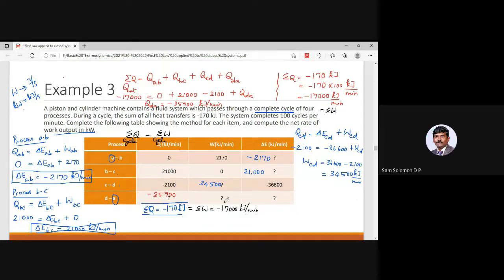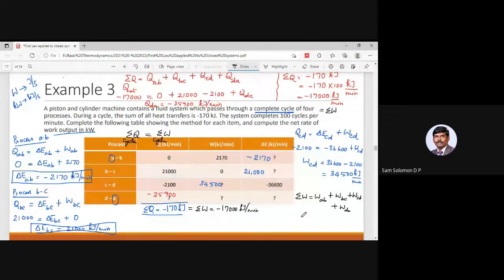Very good, but it is not delta W, it is summation of W. Summation of W is equal to WAB plus WBC plus WCD plus WDA. This is minus 17,000 already, and this is 2170. The second is 0. The third is 34,500, and the fourth is what we are supposed to find out.